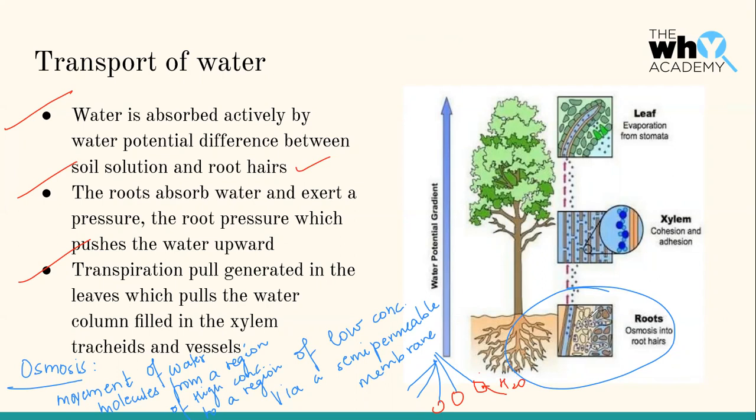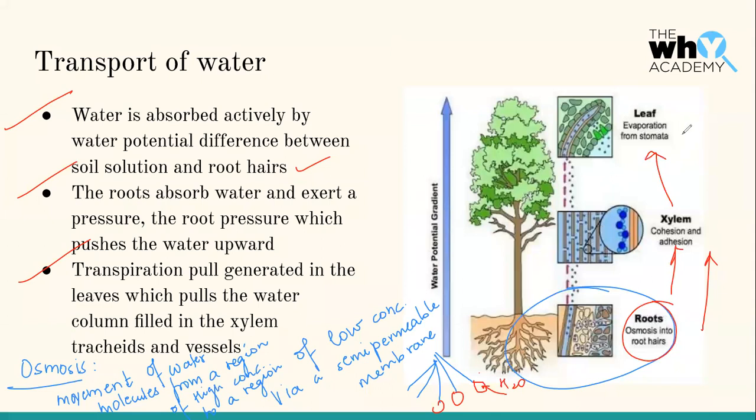Then, understanding what root pressure and transpiration pull are, I'll come to in the next slide. Basically, this water, once it is taken up from the root, will be directed to the xylem tissue. So this is the process: roots to xylem to leaf.